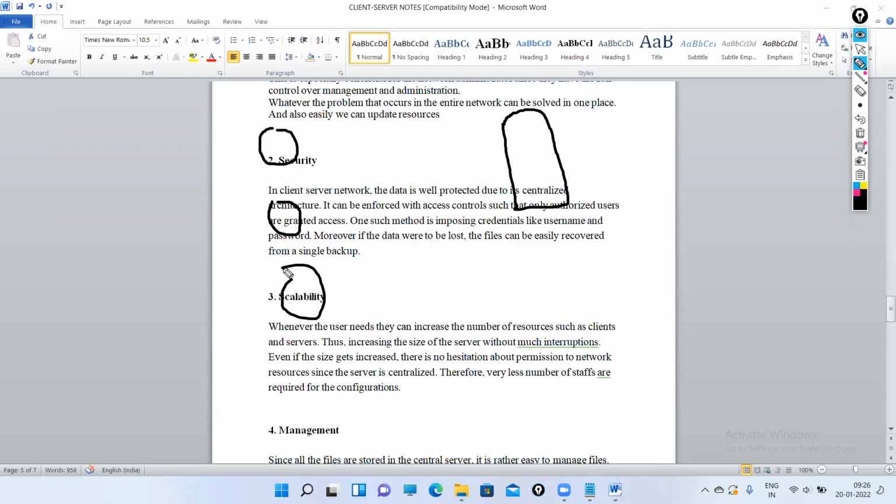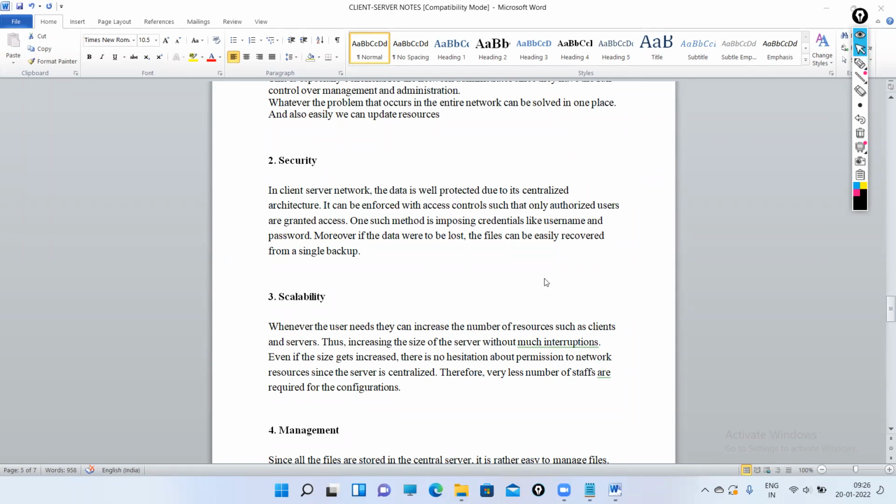Tomorrow, after some days, I want to increase the number of clients, and easily we can increase in our client server model, without interruption of other systems and without problems. Scalability means increasing the number of clients and servers, simply, without any interruption. Is the concept okay, madam?